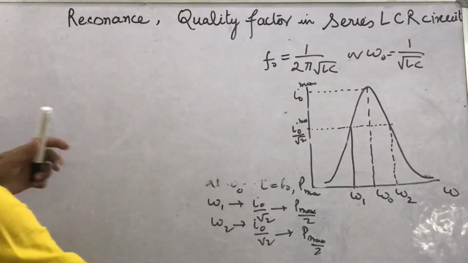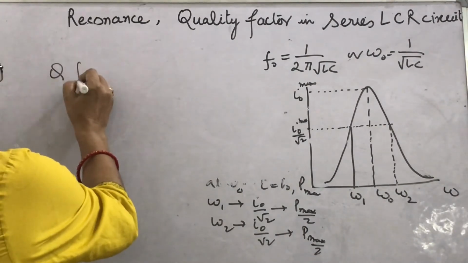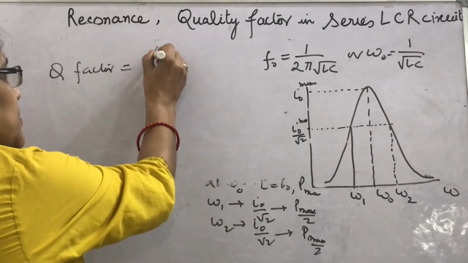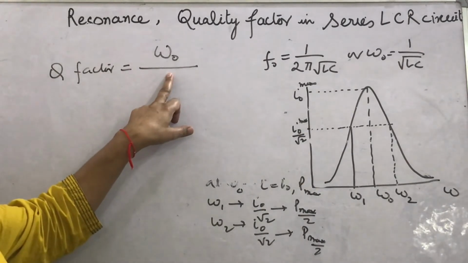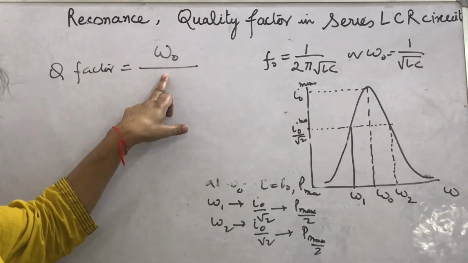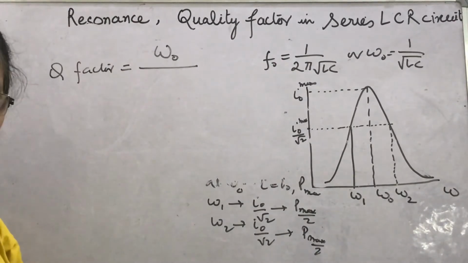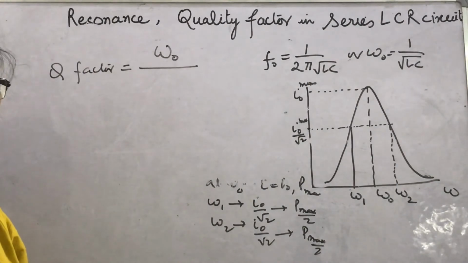This quality factor is defined as the Q factor equal to the ratio of resonant frequency to the frequencies on both sides of the resonant frequency, such that at each frequency the current is 1 upon root 2 times the value of current at maximum frequency.